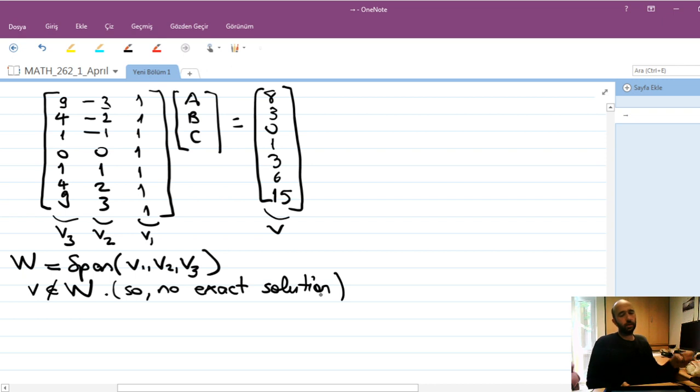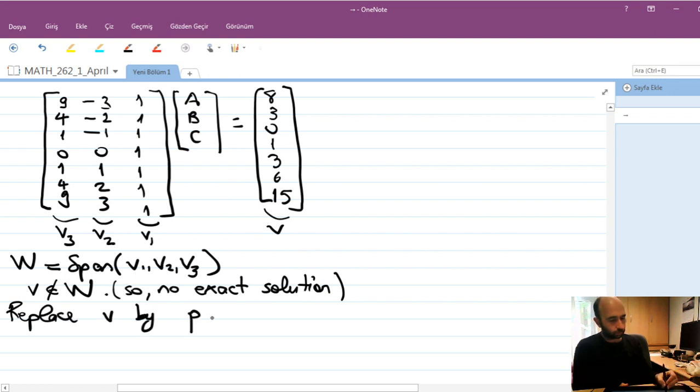And the whole idea is, okay, replace v by something else so that there is a solution, but do this in the cheapest way without causing too much error. And the method of least squares says replace v by the orthogonal projection of v to W and solve the new system.